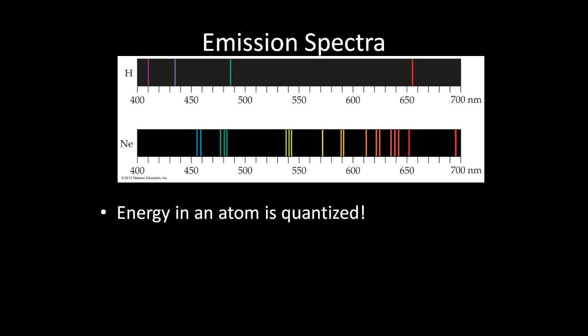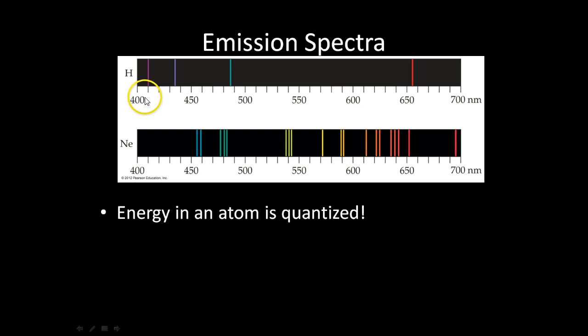It's been known since the early 20th century that if you expose helium or neon to a good amount of energy, you'll get photons emitted, or light that will come off of that.